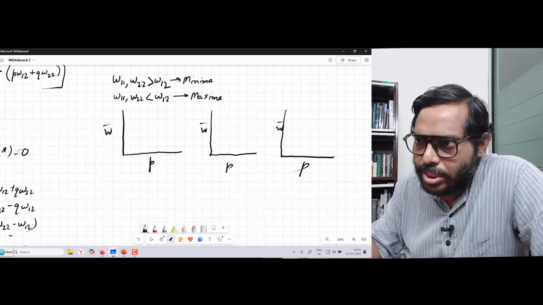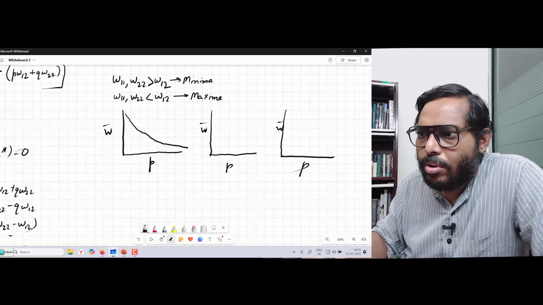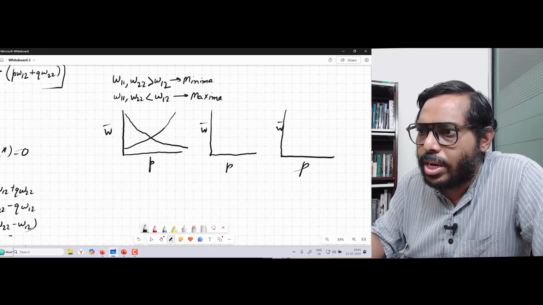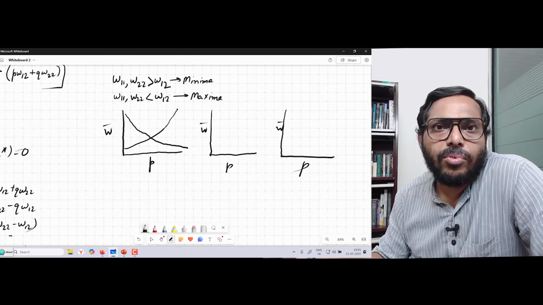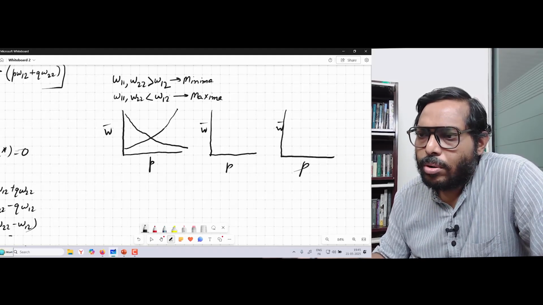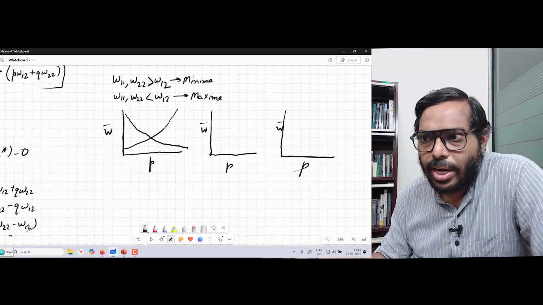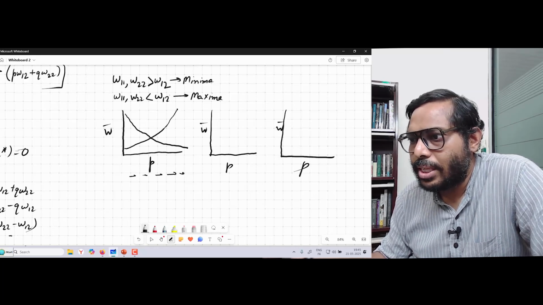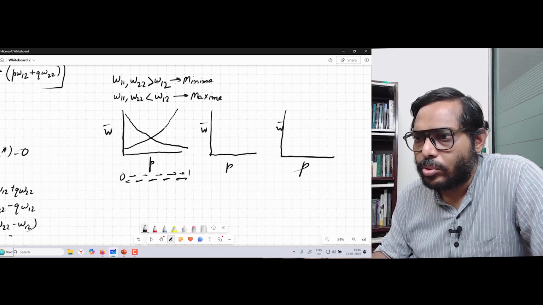You can have a situation where the slope is negative or positive throughout, and in all those cases, irrespective of where you start, your dW by dP is always going to be positive or always going to be negative, and therefore, P will either go in this direction and get fixed at 1, or it will go in this direction and get fixed at 0, okay. So, this is 0 and this is 1.